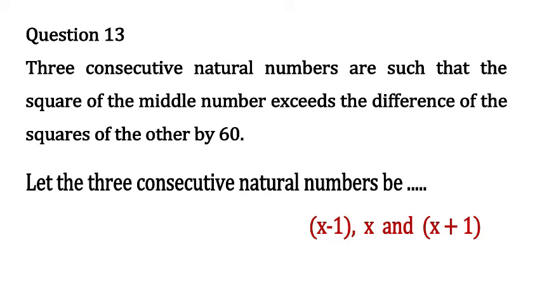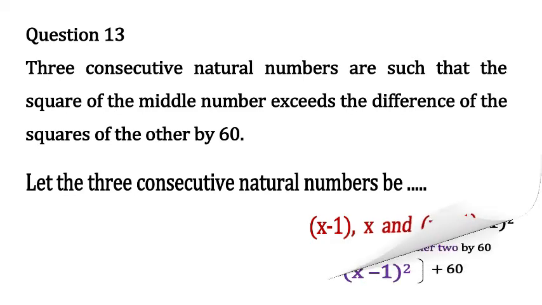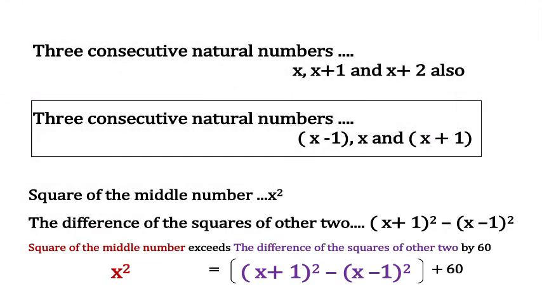As it is stated in the question to consider the middle number as x, let us solve this problem that way. Even if it is not given in the question, when we are calculating with three consecutive natural numbers, it is suggested to assume the three numbers as x minus 1, x and x plus 1. Let us understand this concept clearly with the next slide.